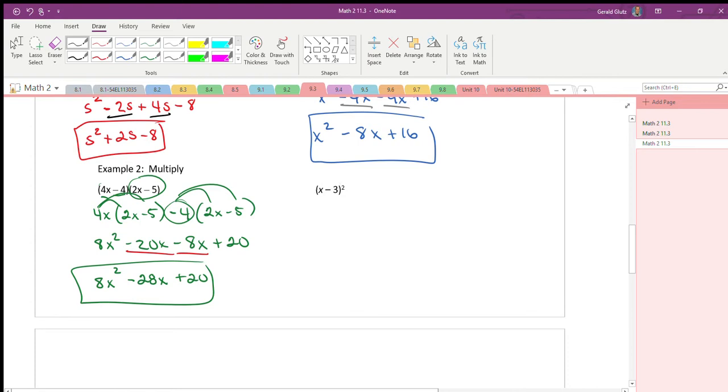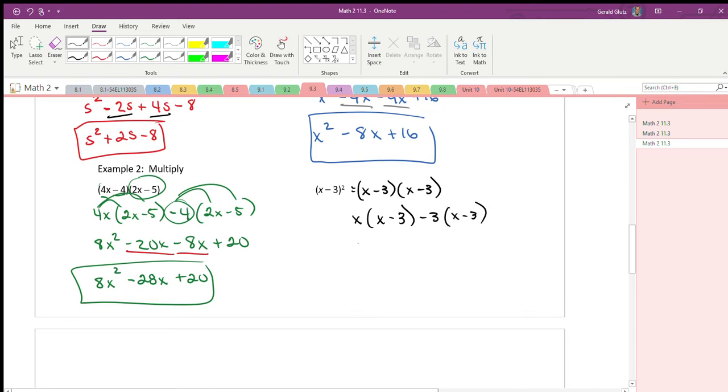Another way to write x minus 3 all squared would be like this. This just means we have x minus 3 times x minus 3. So now I can distribute. I'll take the far left term, x, times the second binomial, and then I write the rest of the first binomial times the second binomial.